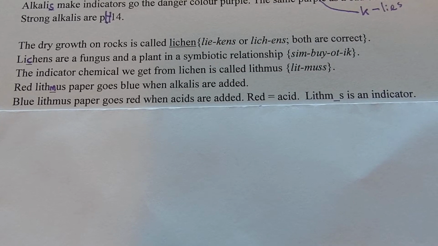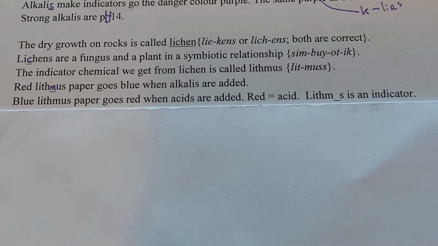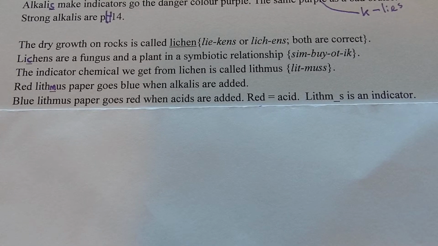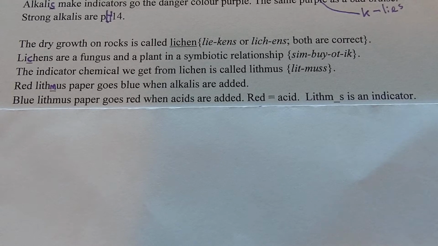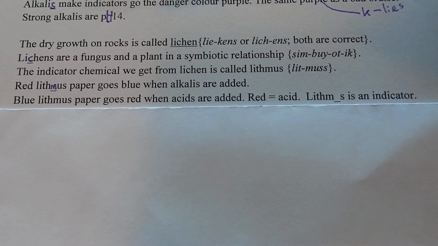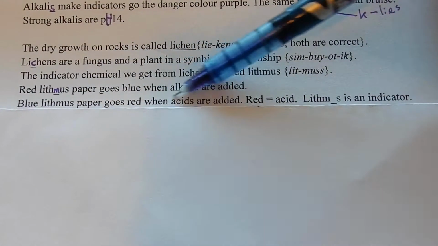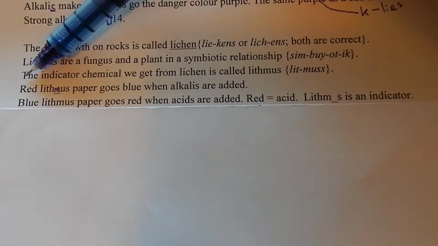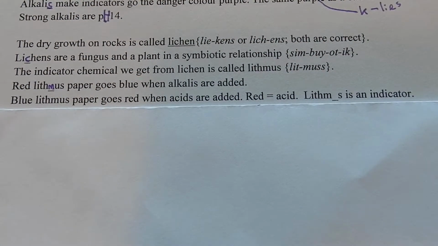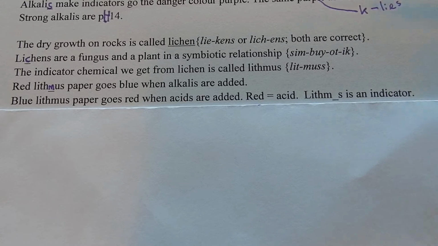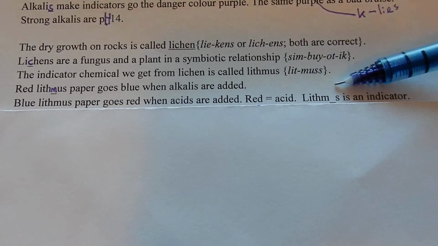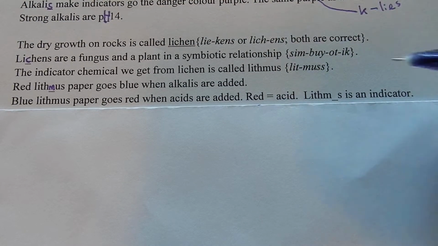Now, litmus is much more useful than red cabbage as an indicator because it tells you whether you've got an acid or an alkali. But you have to choose blue litmus paper if you're testing for an acid, and red litmus paper if you're testing for an alkali. Litmus is another indicator.